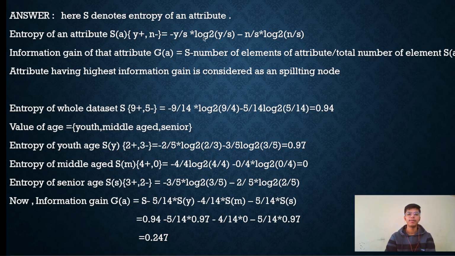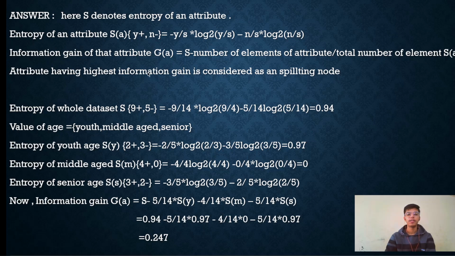Now we multiply it with log base 2 of the same value, y divided by s. Now we also subtract n divided by s, where n is the total number of rows which have no value, multiplied with log base 2 of n divided by s.